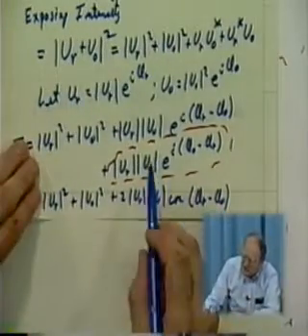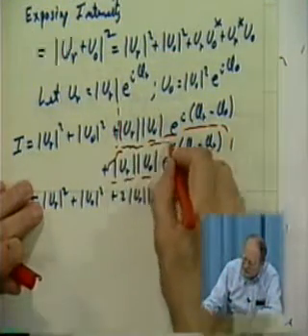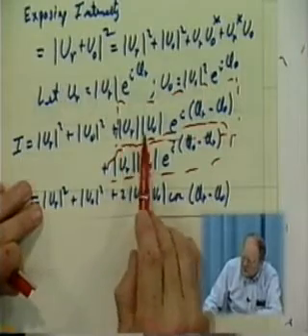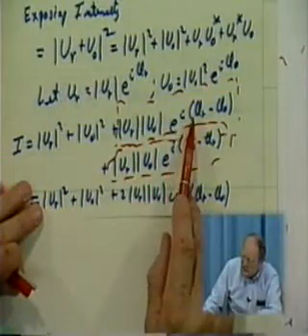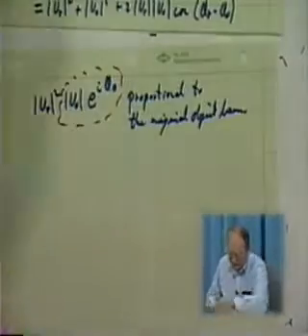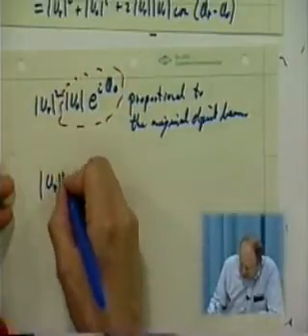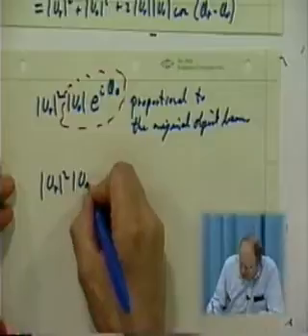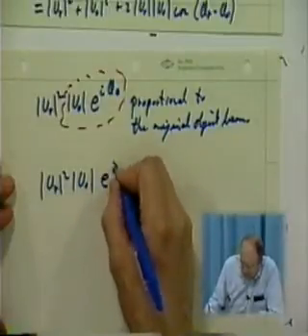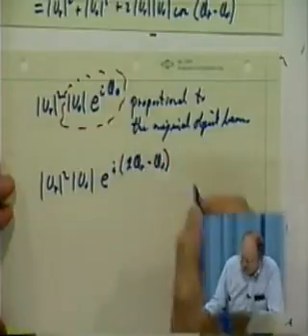We're going to get another term here that is kind of interesting at times. That's going to be U sub R times U sub R U naught e to the i phi sub R minus phi naught. And so that will be a term that goes as U sub R squared U naught e to the i 2 phi sub R minus phi naught.